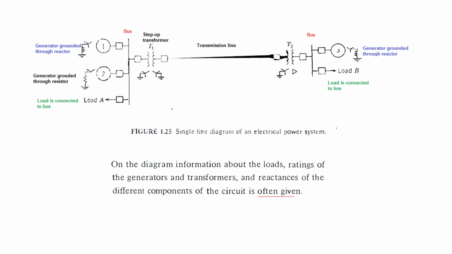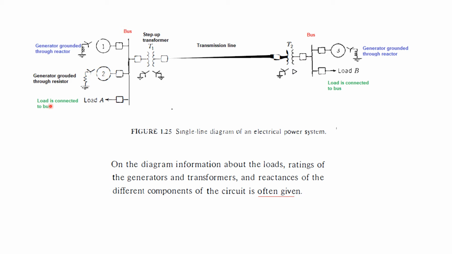Okay, now here is a complete single line diagram of an electrical power system. Now you can see we have a generator, it's grounded through a reactor. This is a reactor or reactance. Then there is another generator and it is grounded through a resistance.